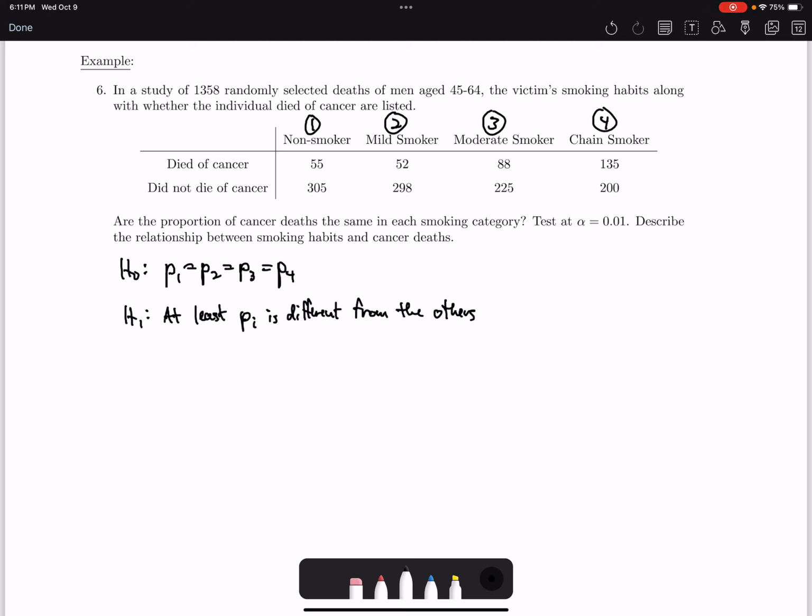Okay, we'll go to Art of Stat to get our p-value, and we'll enter the contingency table. Okay, and then we'll see what we get for the p-value.